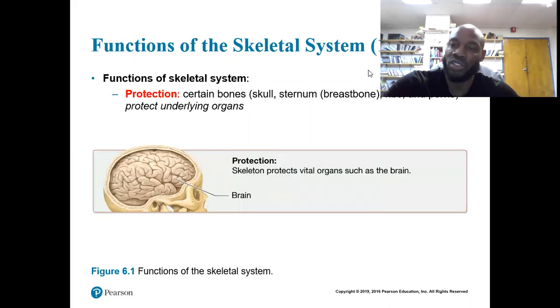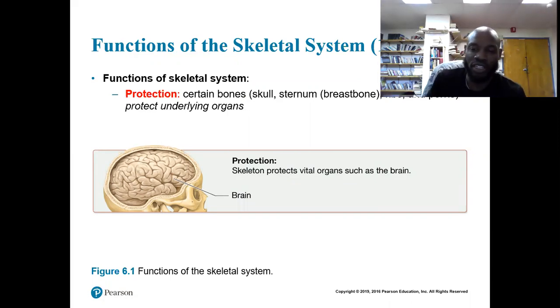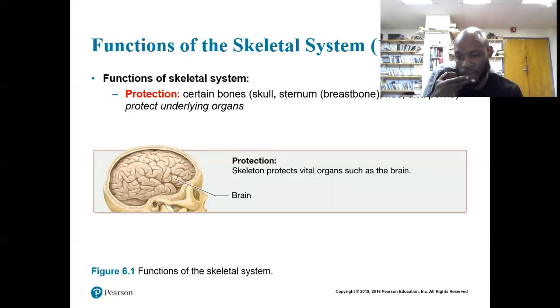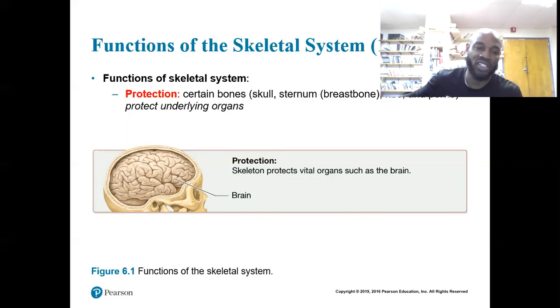All right, so what is the role of bone in the body? Some of these should be very familiar, and shouldn't be too much of a surprise. Obviously we know it's protection. Think of your brain.